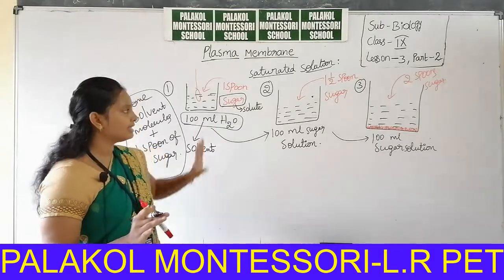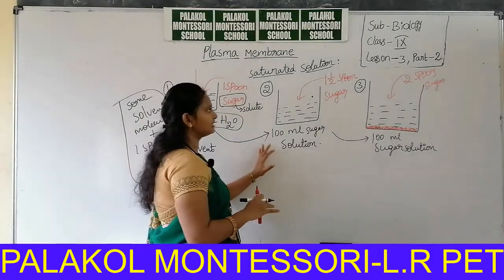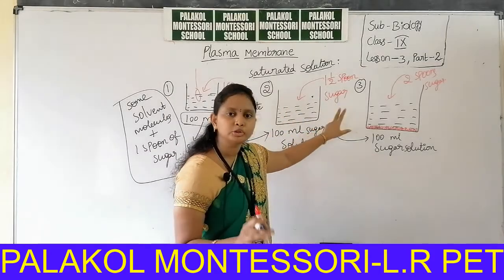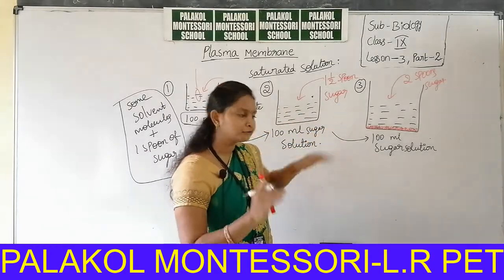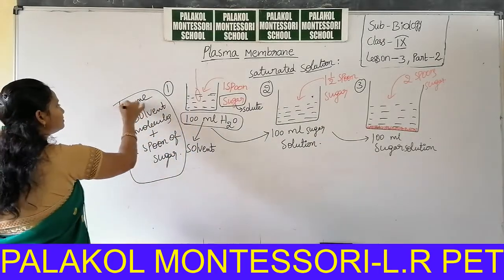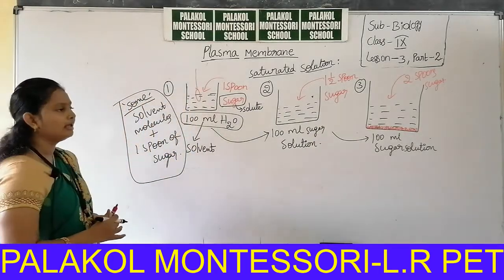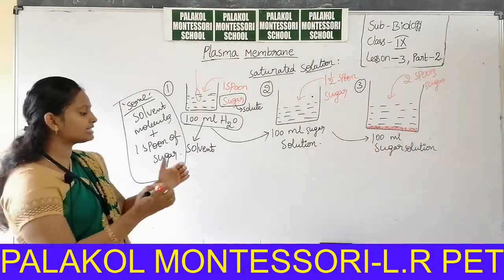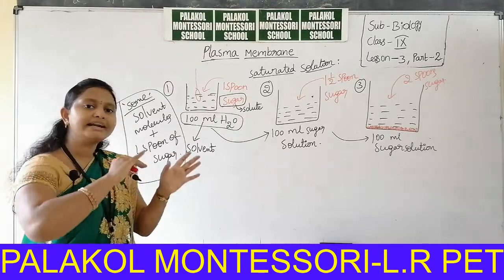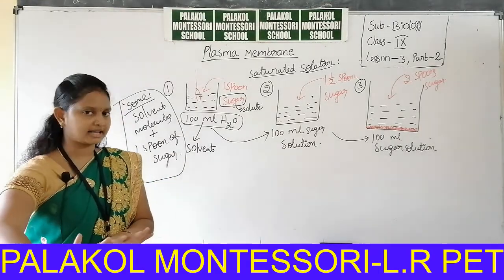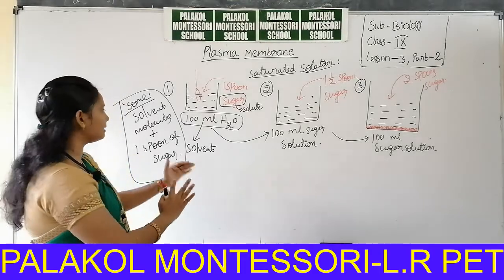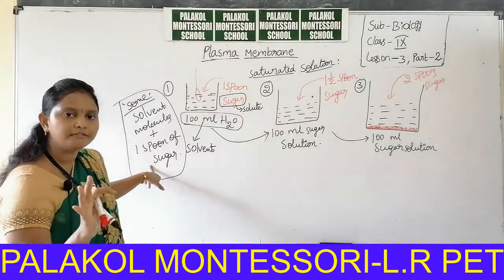Is it clear? In the second case, we added 1½ spoon of sugar. Here I mentioned some solvent, that means only some solvent particles are bound and some solvent particles remain free in nature. Is it correct? Some solvent particles are free, some are bound with the 1 spoon of sugar.